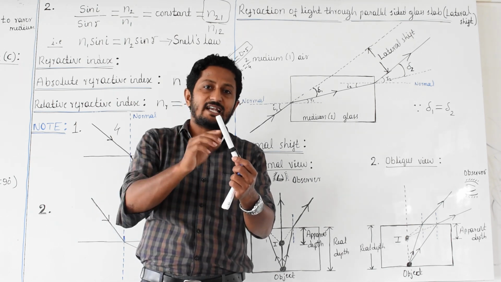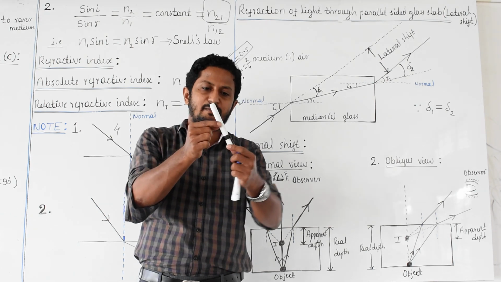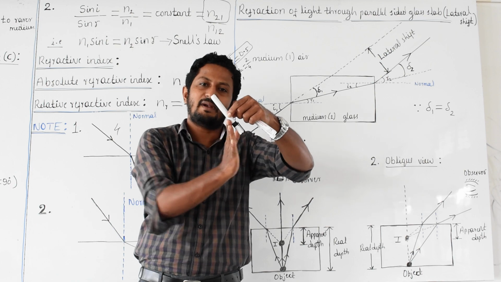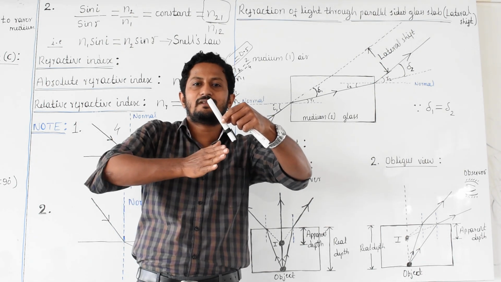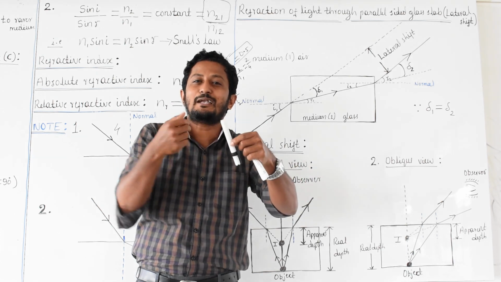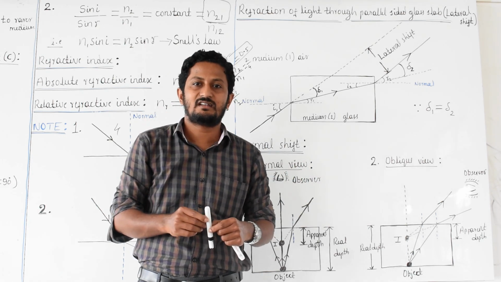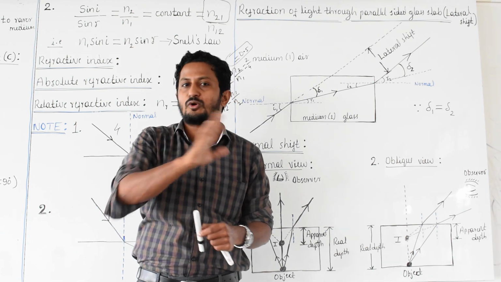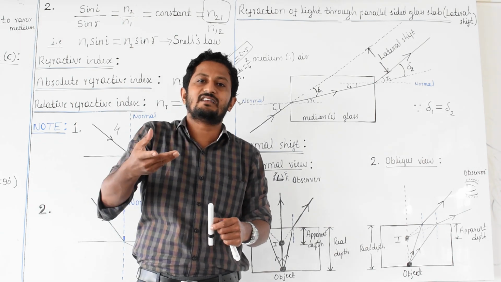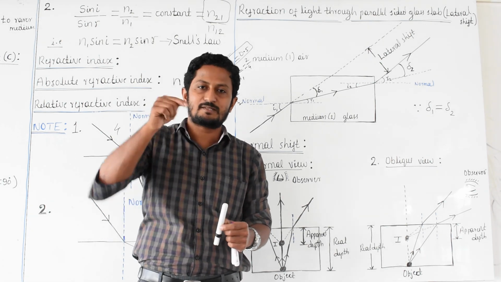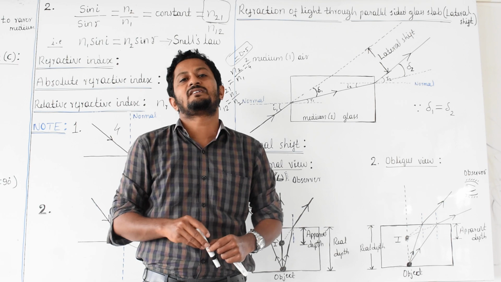The upper part is here and the lower part looks like this. It bends towards the normal. In reality it has not broken, but you feel it has broken. It looks like that because of refraction of light.